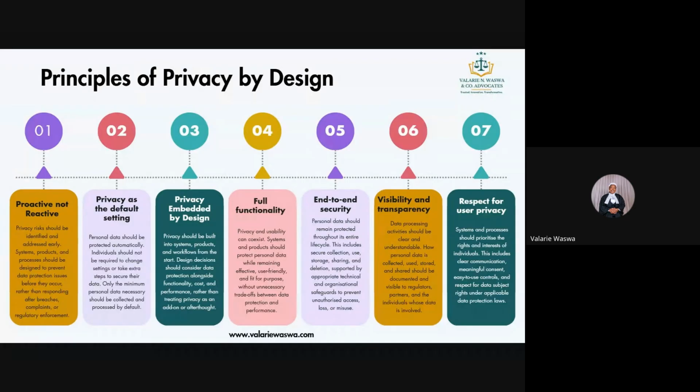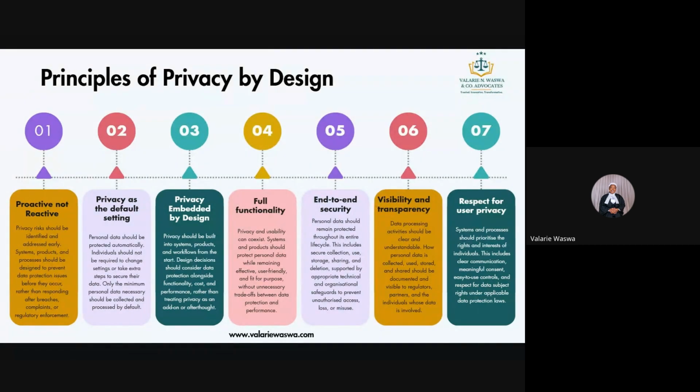The second principle is privacy as the default setting. Basically, what this principle says is that the protection of personal data should just come automatically. It should be the default setting. Let me use an example.